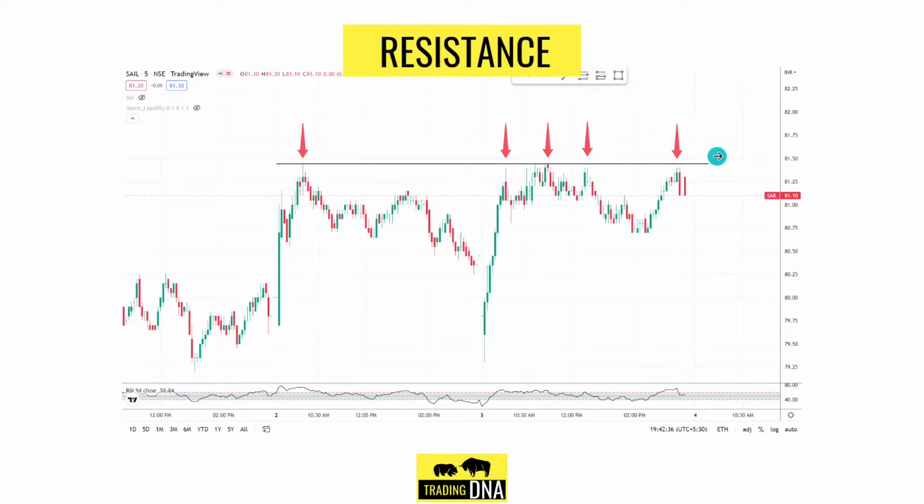This is called resistance, which means there are a lot of sellers entering in this area to sell their stocks, maybe because they can book profits. The point where the supply gets higher, where the price couldn't move further, and the investors start selling their stocks, this is the place where the resistance is formed.